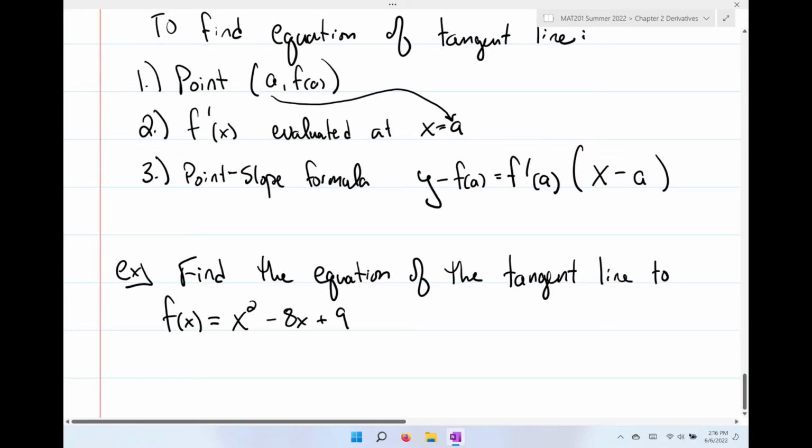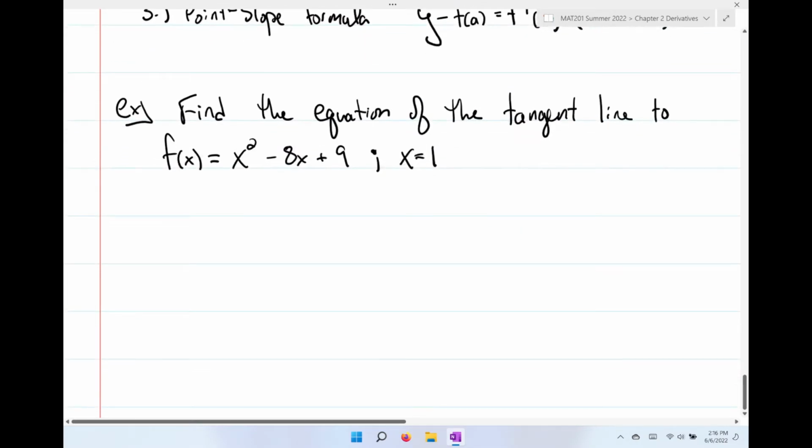Okay? So remember how to do this directly above. We need a point. We need the derivative evaluated at some value of x, and we need the point slope formula. And what I want is this. I want it evaluated at, let's say, x equals 1. Okay? So hopefully you have those steps written down.